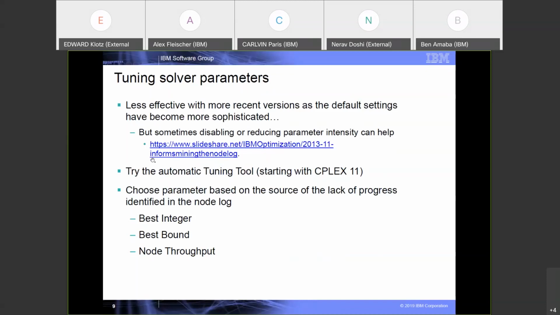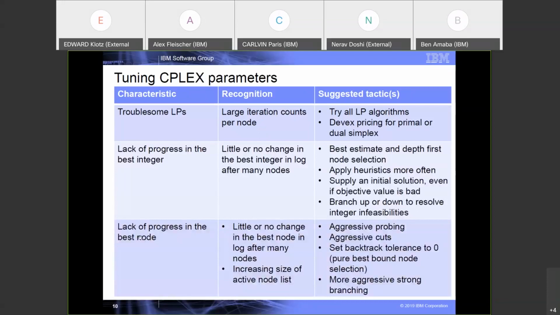Again, when you make these decisions, the key thing is to focus on the three pillars that affect performance: the best integer, the best bound, and the node throughput. Set your parameters accordingly based on which one is identified from the node log as the trouble spot. And here we have a table that breaks this down in more detail.